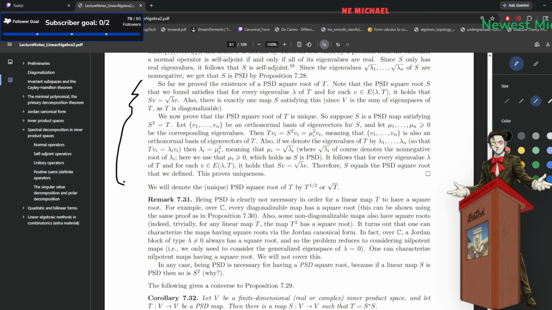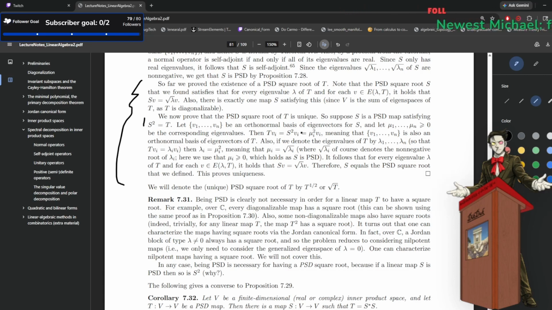So, suppose S is a positive semi-definite map satisfying that S squared is equal to T. Let v1 through vn be an orthonormal basis of eigenvectors for S, and let mu1 through mun, greater than or equal to 0, be the corresponding eigenvalues.